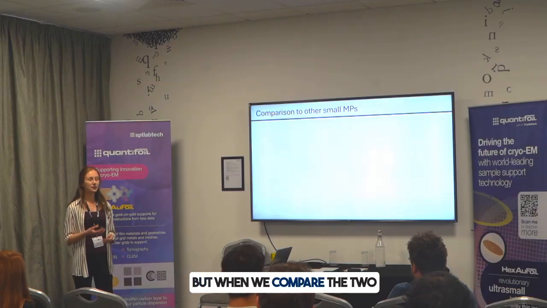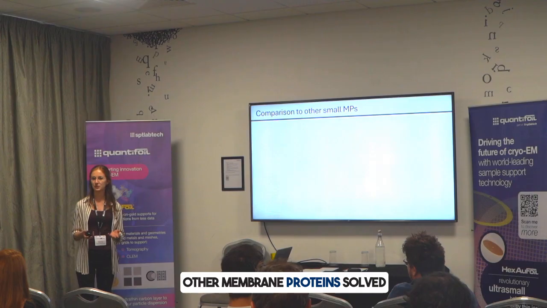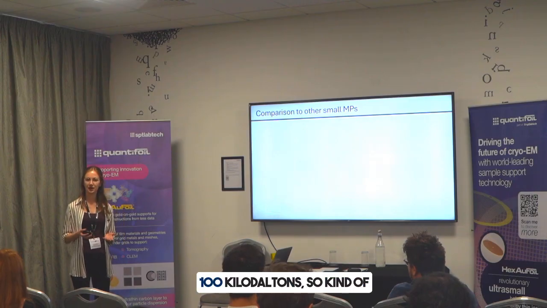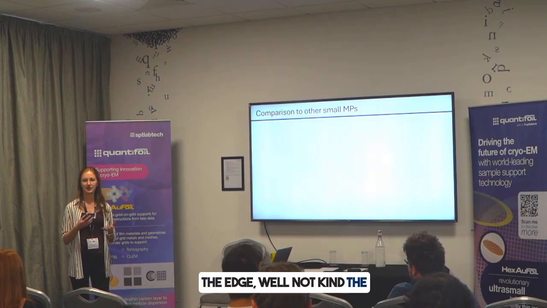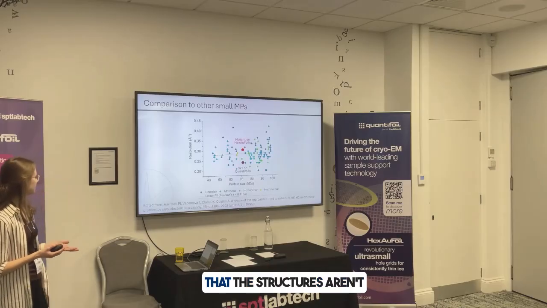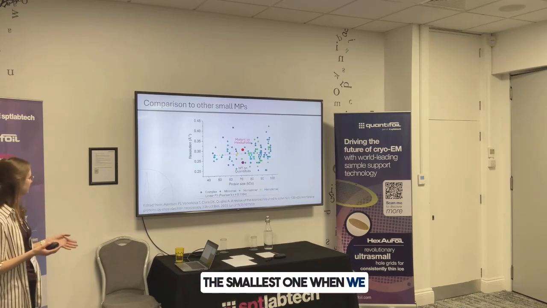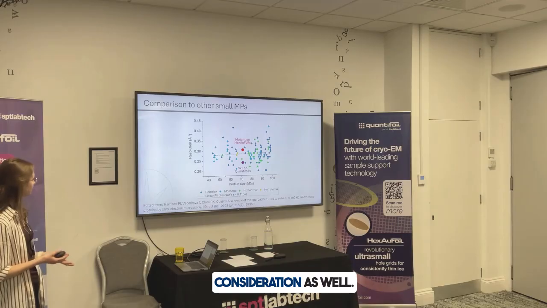When we compare the two structures to other membrane proteins under 100 kilodaltons solved by cryo-EM, so kind of the edge of current cryo-EM possibilities, you can see that the structures aren't doing too bad. The protein isn't the smallest one when we take the nanobody size into consideration as well.